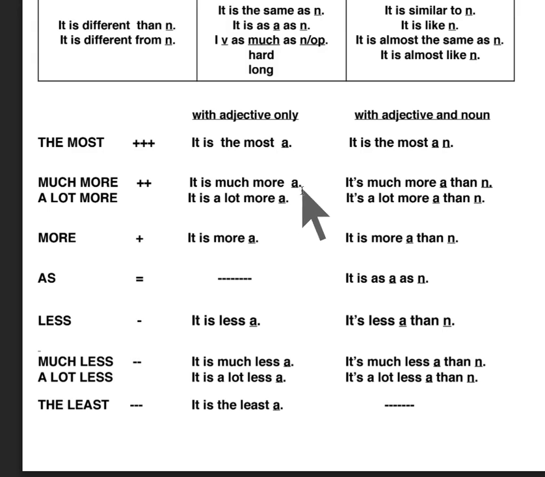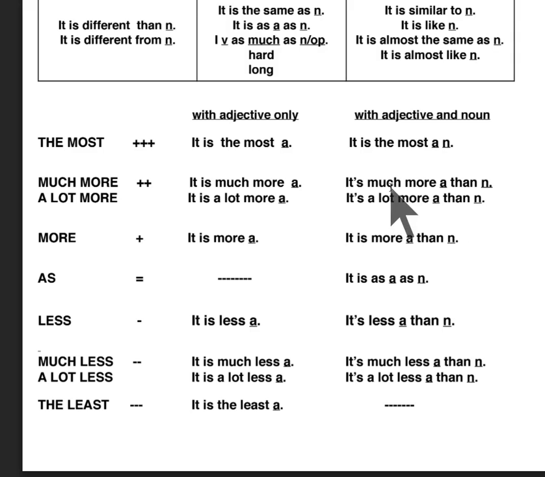This is with the adjective only, and this is when you combine it with a noun. And with a noun, you can see the change here with the addition of then, and here it is as big as her house. So I would review these with a couple of questions, seeing if they're picking up on it.